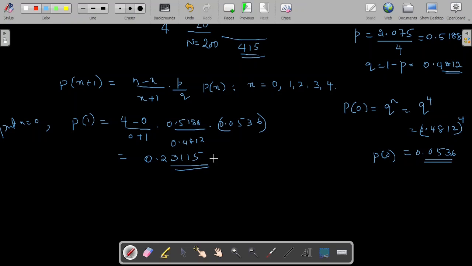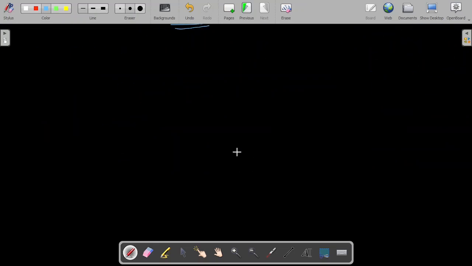So for that, you need to write the tabular column. The tabular column says here, number of heads, that is the random variable, capital X. Then we have the recurrence relation, n minus x divided by x plus 1 into P by Q. Just make a column for this.